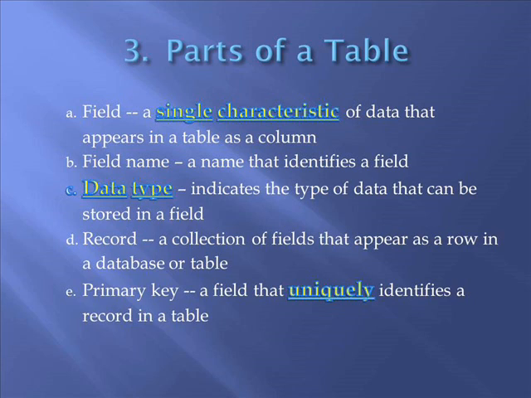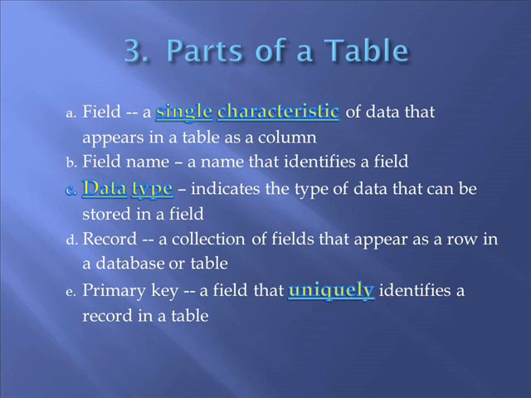Another very important part of a table is the primary key. And that is a field that is designated as a unique identifier for a record. So if all of the records need to have a separate, unique identifier, you need to set a primary key.